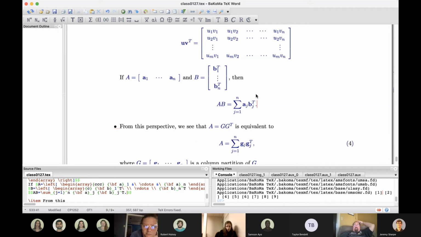So this is the outer product description of matrix multiplication: AB is a sum of outer products of each column of A with a corresponding row of B.